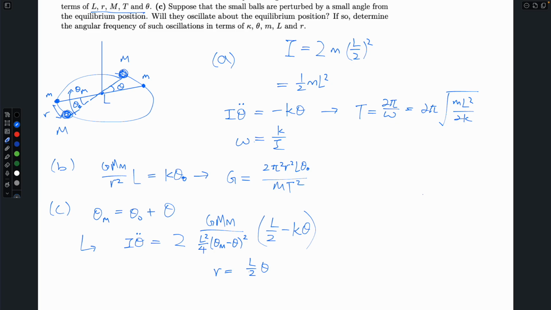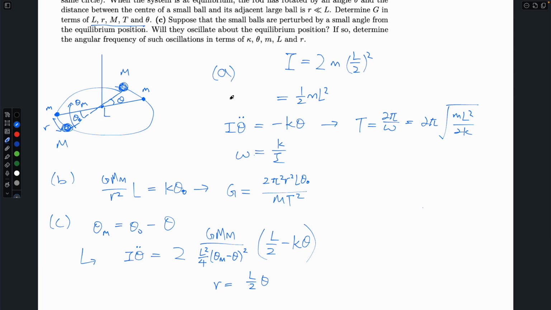Wait, okay, I'm going to define the directions a bit differently. I think this should be negative. Yeah, this should be negative because they say that it's perturbed a small angle from the equilibrium position.